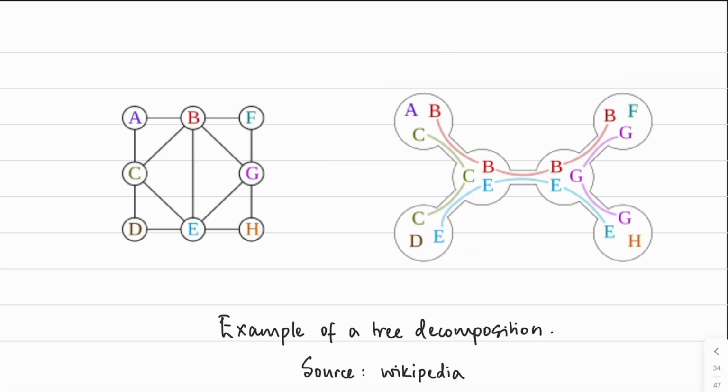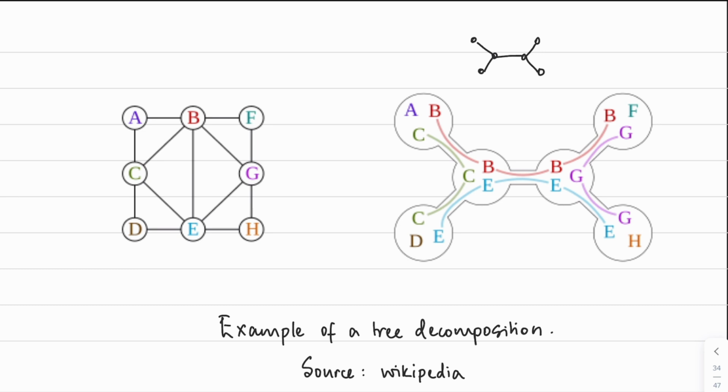This is borrowed from Wikipedia. You can pause the video here if you like to convince yourself that the decomposition on the right, which really corresponds to the following tree structure, and what's shown is the bags on this tree structure actually satisfies all the properties that we need.